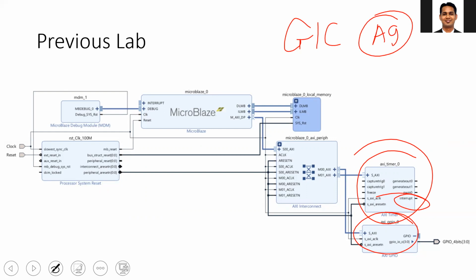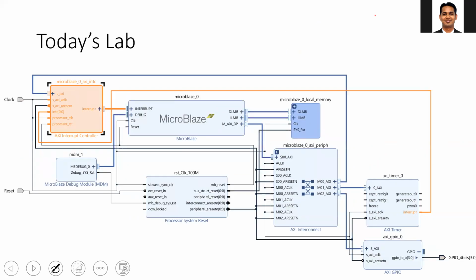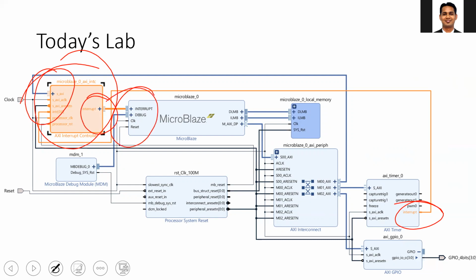But in the case of the MicroBlaze, the GIC is not there. So what we need to do is add the corresponding AXI interrupt controller IP, which is already there inside your IP catalog, and connect your interrupt to this GIC, and the GIC will then forward it to your processor. Okay, so this is one step we need to do.